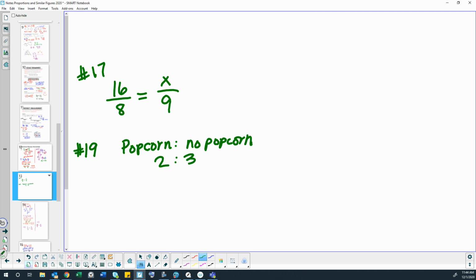Notice that neither of those numbers is the total number of people at the movie. This could have been phrased differently. It could have said 2 out of 5 people at the movies are eating popcorn. Or 3 out of 5 people at the movies are not eating popcorn. Where am I getting this 5 from? There's no 5 in the problem. Where did I get it? You've got to pay attention to this. See number 20. Where did I get the 5 in this problem?